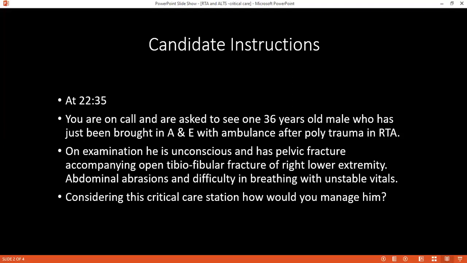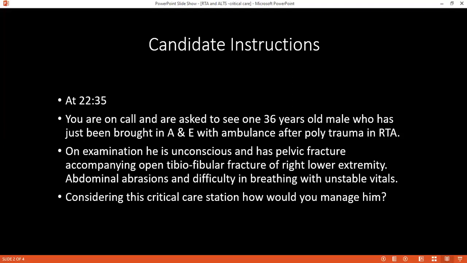Patient has also presented with abdominal abrasions. What would you suggest? There may be renal injury, or maybe liver trauma, because it's not specified. How should you manage if you suspect liver laceration?